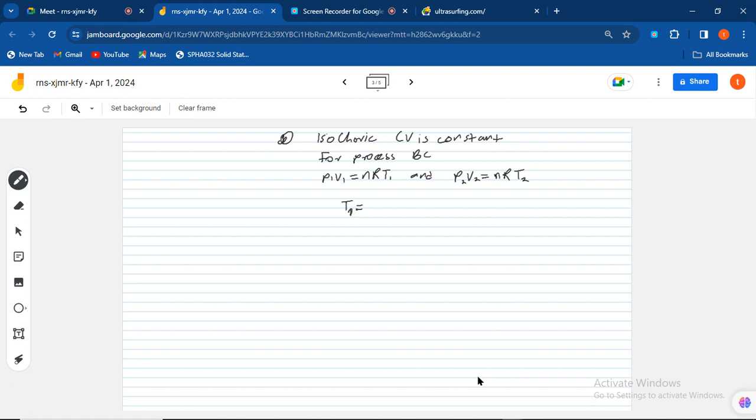T2 equal to T1 over 2. And then what are we going to do here?